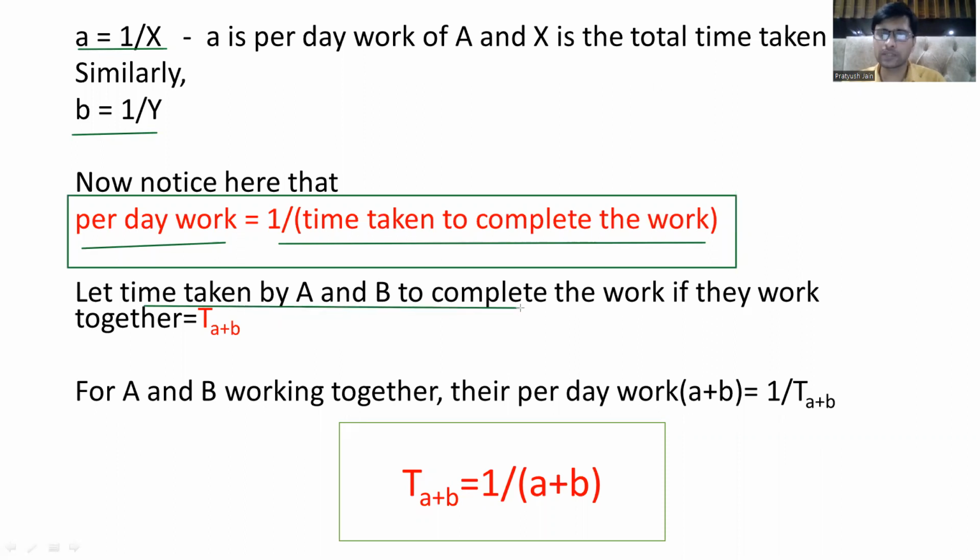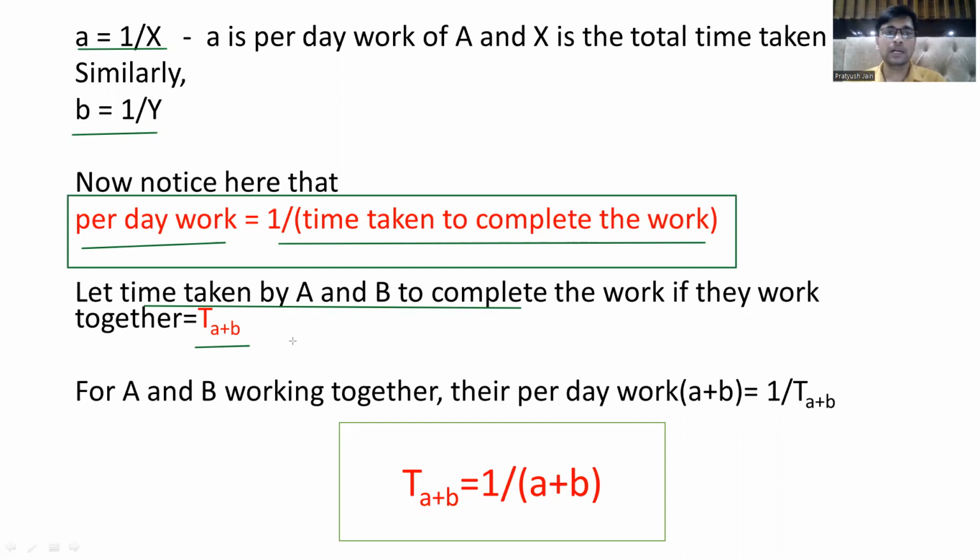Now let us say that time taken by A and B together to complete the work. If A and B work together, then they complete the work in, let's say, T A plus B time. Let's say we use this variable T A plus B to denote time taken by A and B if they work together to complete the work.